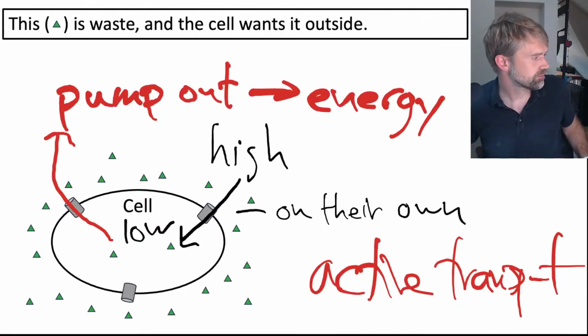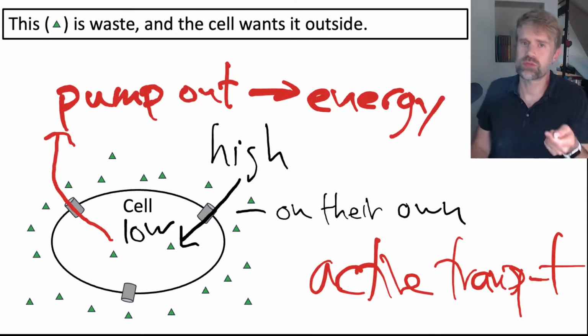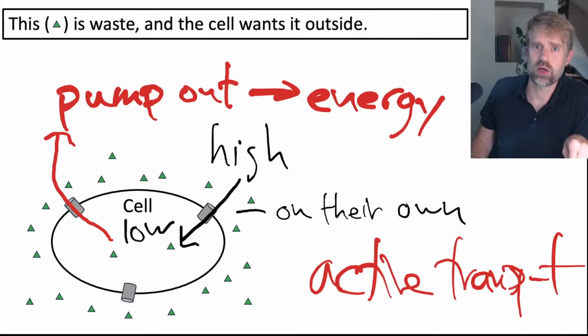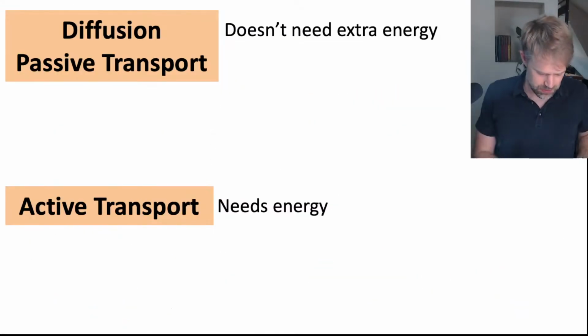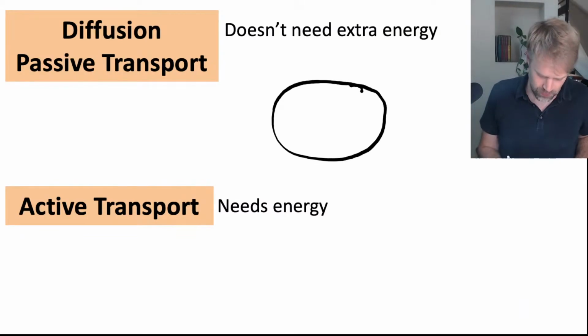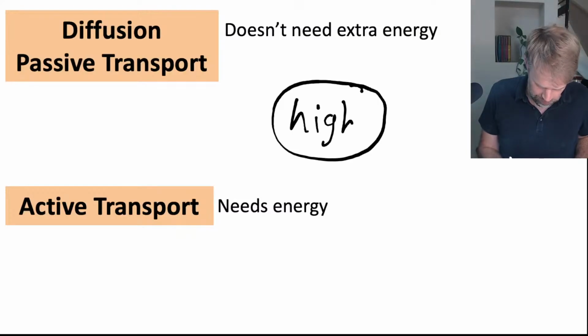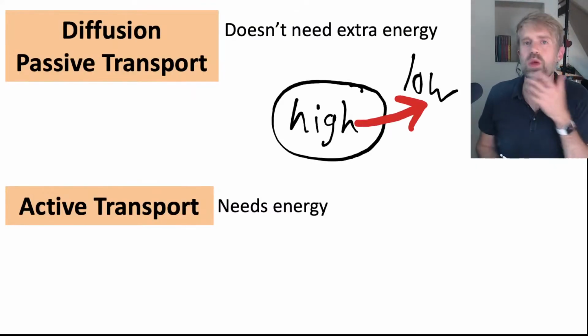Okay. So we're about halfway through. Let's review what we've talked about, and then we're going to go on to osmosis. Just some examples here to make sure that you know what we're talking about. Diffusion, or passive transport, is where we have high to low, and the thing diffuses out without using any energy.